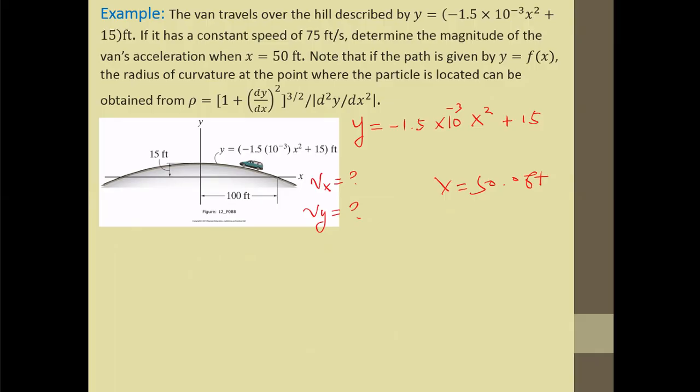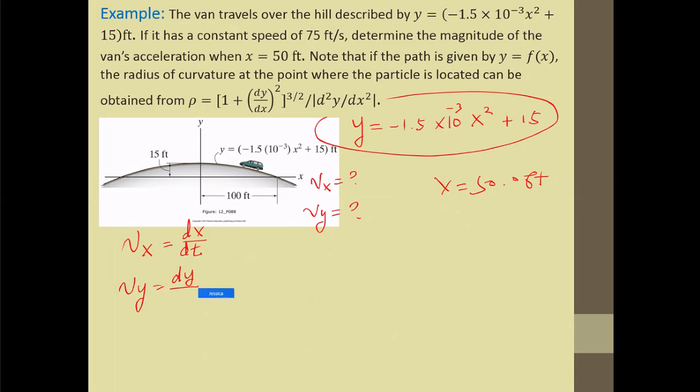So if you ask to solve for vx and vy using this function, similar to the previous problem, what is vx? dx over dt, isn't it? vy is dy over dt.